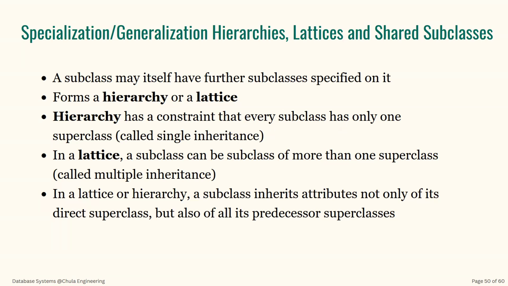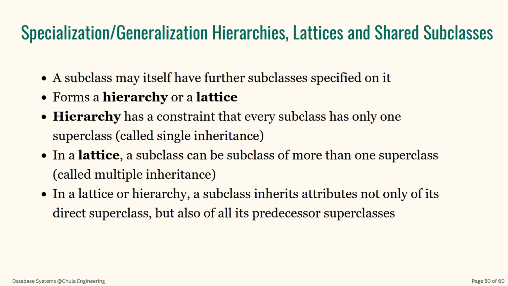Okay, you have a single inheritance when you have a single superclass, right? Imagine like object oriented, you have one superclass and you have subclasses. So whenever the subclasses have one superclass, we'll call it a hierarchy. Now, you have a lattice, which is another thing. When a subclass can be subclass of more than one superclass. So if you belong to many superclass, it's no longer a hierarchy.